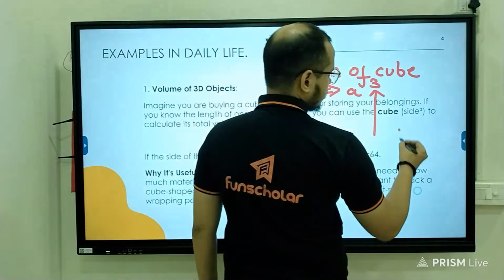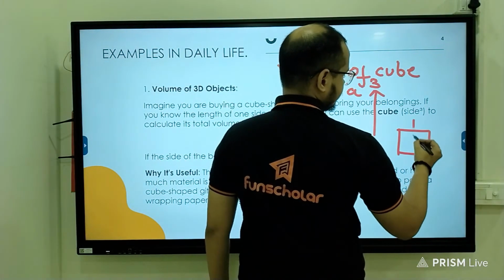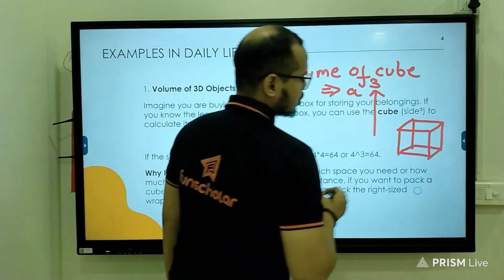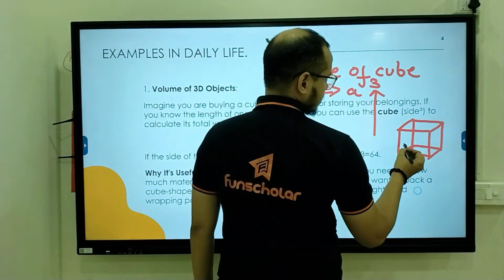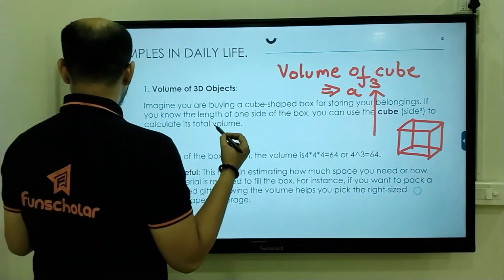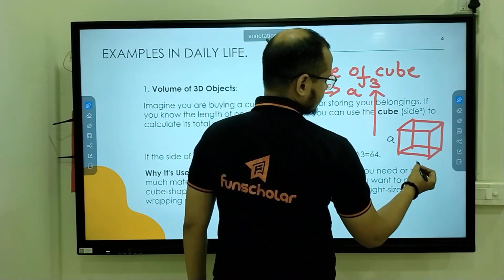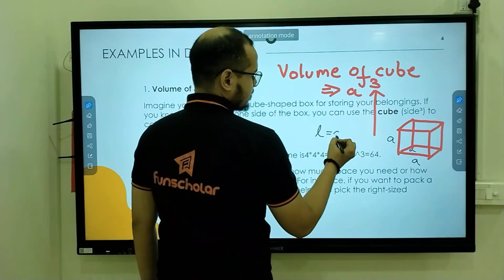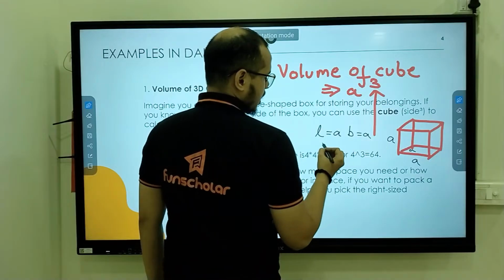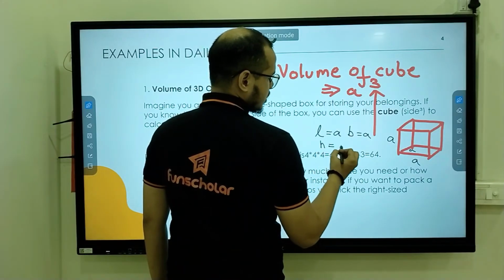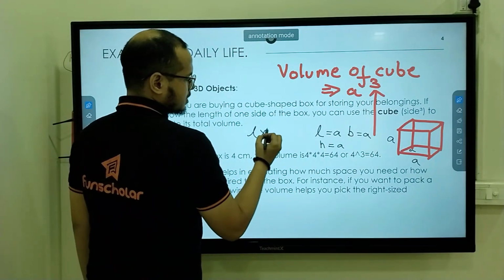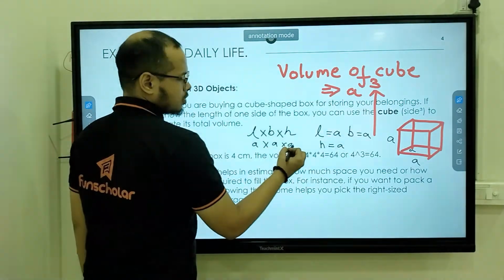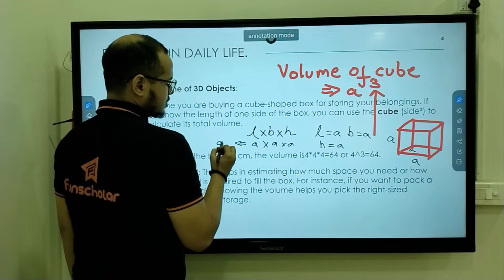If we draw a cube here, if each of the sides is A, so length is equal to A, breadth is equal to A, and height is equal to A, as volume is nothing but length into breadth into height, we are going to be getting A into A into A, as all of the three are same. Thus, we get the answer as A cube.